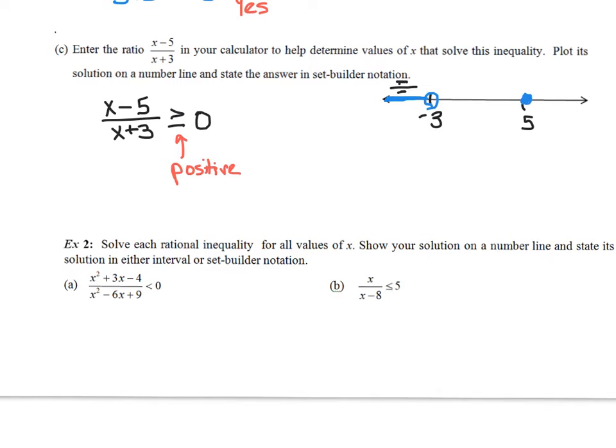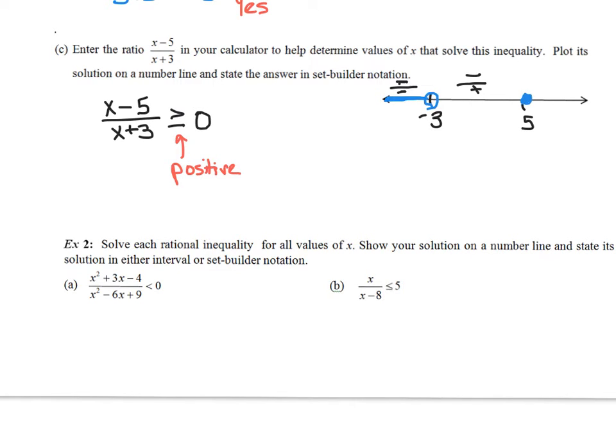Now let's try a number between -3 and 5. The easiest one, of course, to pick is 0. I'm plugging 0 in for x into this rational expression. So 0 minus 5 gives me a negative numerator. 0 plus 3 gives me a positive denominator.